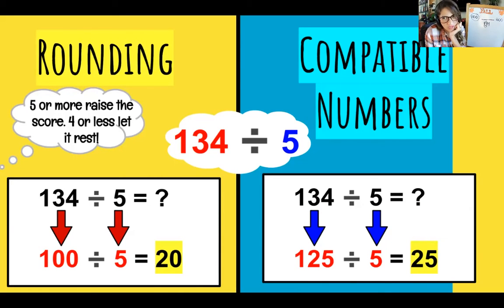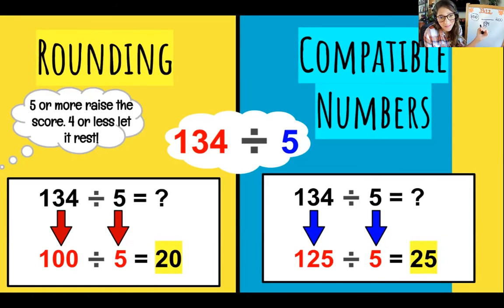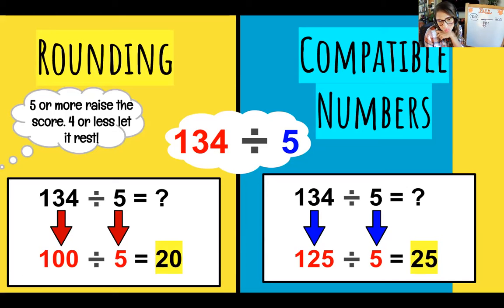For my rounding, I changed my dividend from a 134 to a 100, which means I decreased my dividend by 34. So 34 less than it's supposed to be. That's a lot. Whereas with 125 in my compatible numbers, I only decreased my dividend by what? 9.